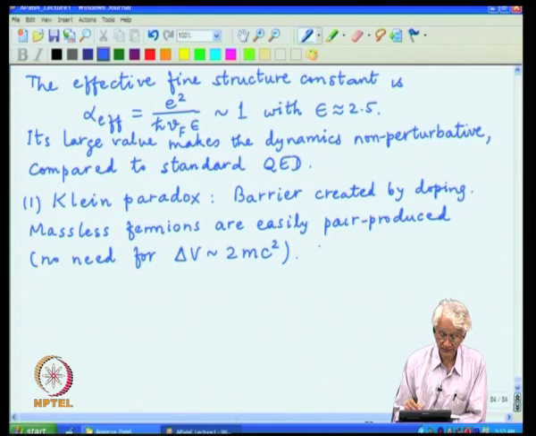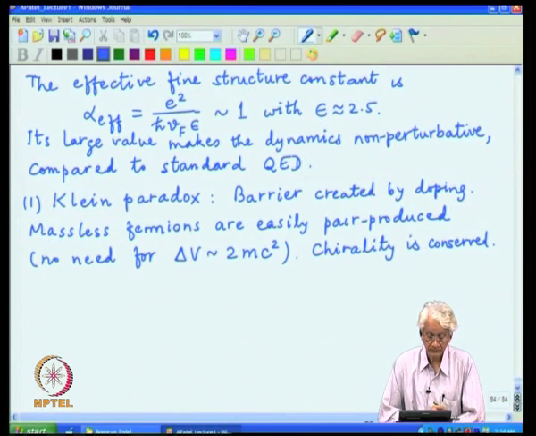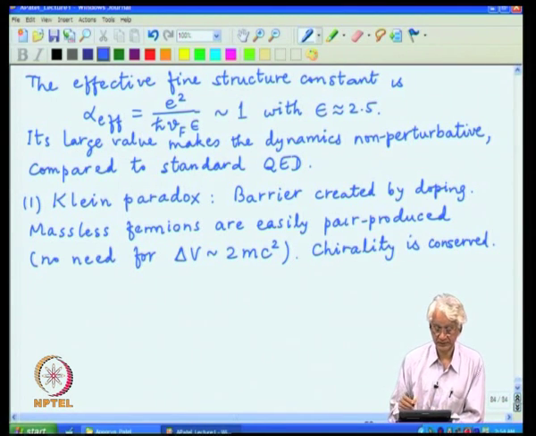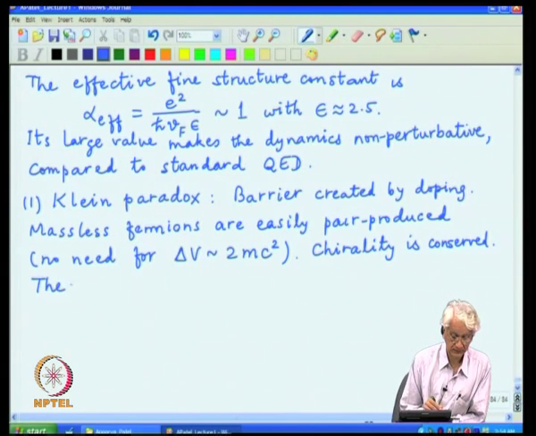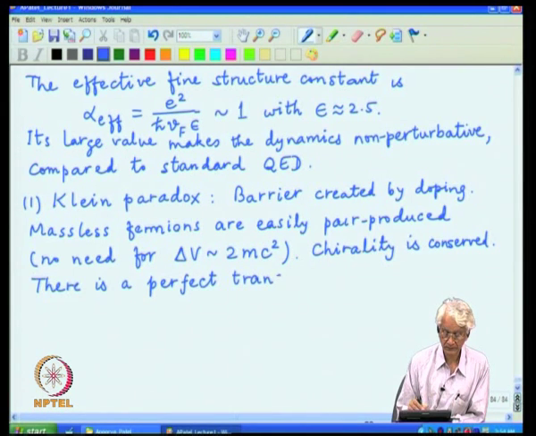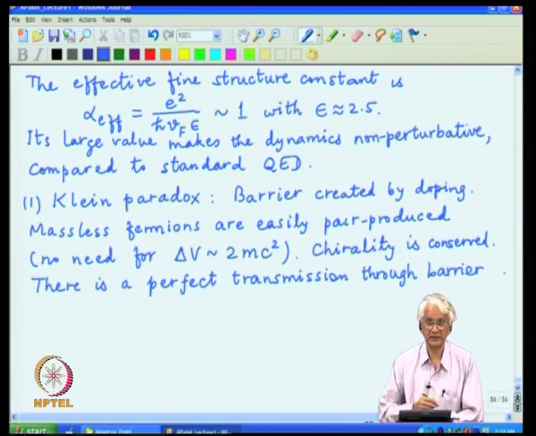and that phenomena now take a particular form. We have chirality conserved, which means the particle which is left-handed or in this particular system moving in one particular direction cannot reverse its motion, and the consequence of both those things together are that there is a perfect transmission through the barrier.